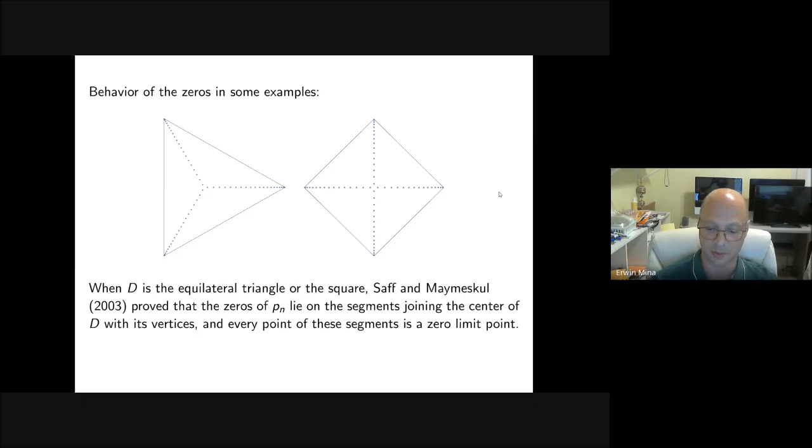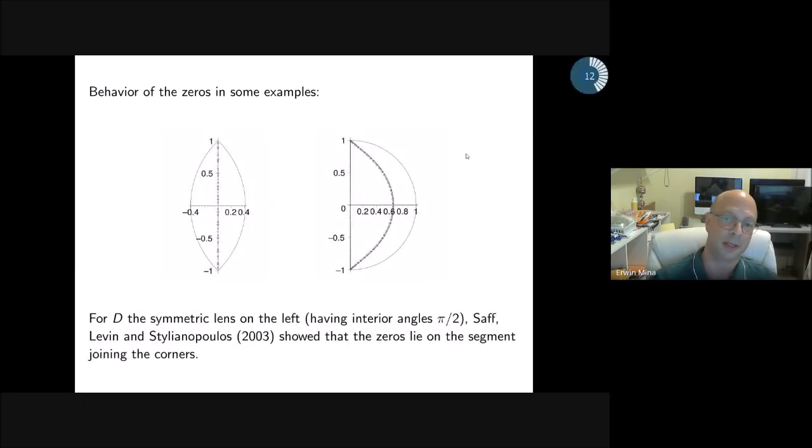So I will show you now another case. If you take the domain that is bounded by 2 circular arcs meeting at pi over 4, then it was also proved by these authors, Saff, Levin, and Stylianopoulos, that the zeros lie on the segment connecting the 2 vertices.